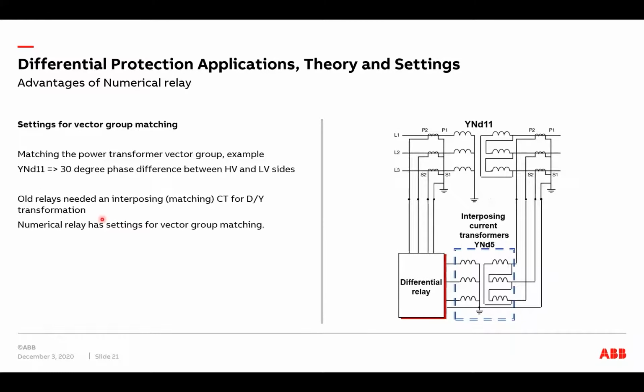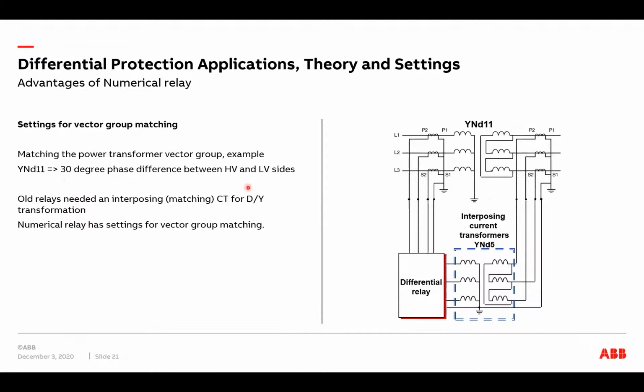The same situation applies when we have, like in this example, a power transformer which is YND11. This means that when we have a star connected winding on the primary side and a delta connection on the secondary side, there will be a 30-degree phase shift between primary and secondary side.